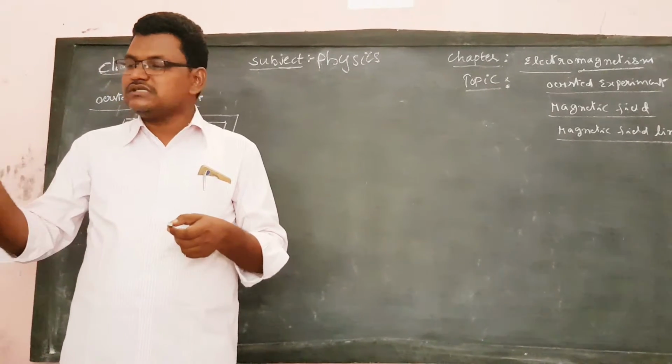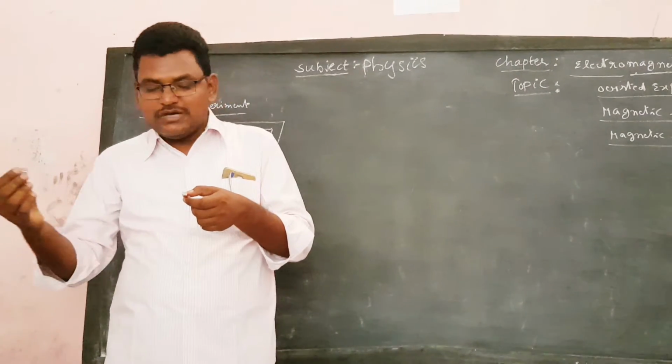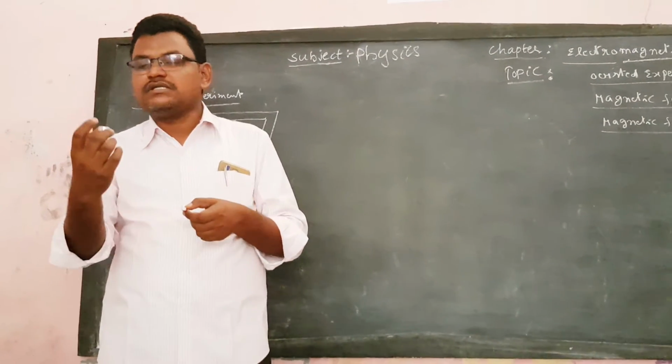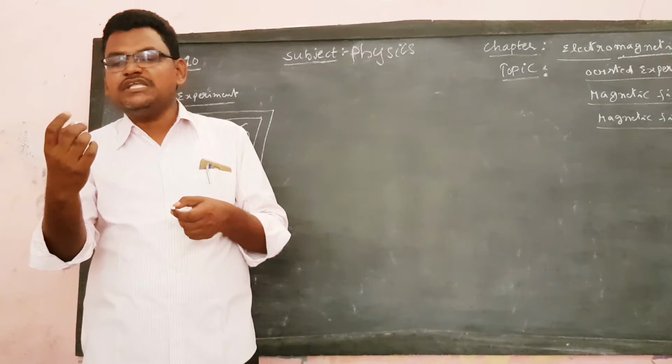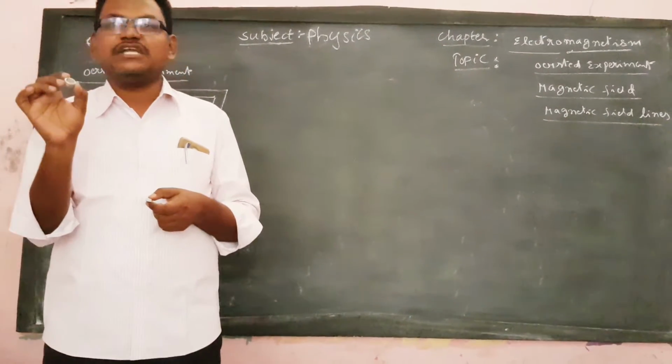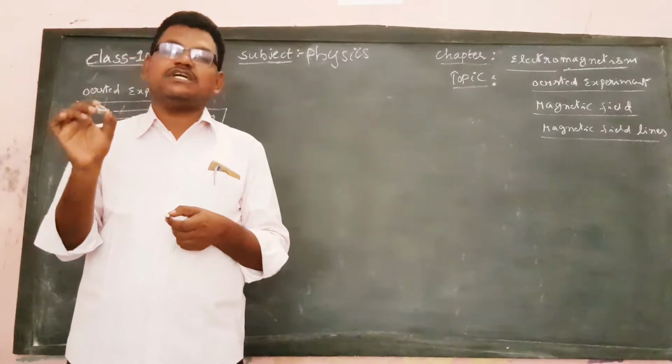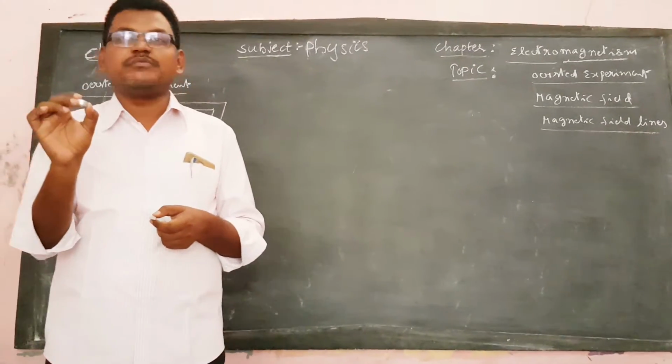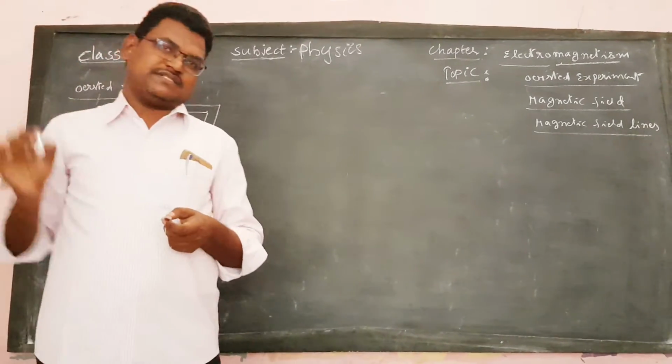When we take this compass box in the field of a magnet, the magnetic needle in the compass box experiences the magnetic force. Because of that magnetic force, this magnetic needle deflects.